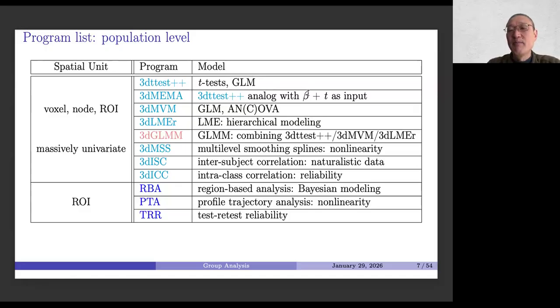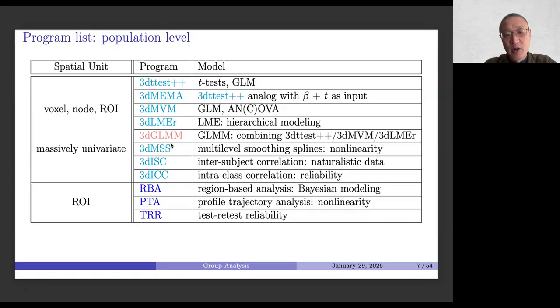For 3dMEMA, we can take both the beta plus the t-statistic as input. Why is that? What's the advantage? We'll see why we would do that. The next program, 3dMVM, we use for general linear model, ANOVA and ANCOVA. The next one, 3dLME, is a linear mixed effects model approach using the R package lme4. So that's for hierarchical modeling.